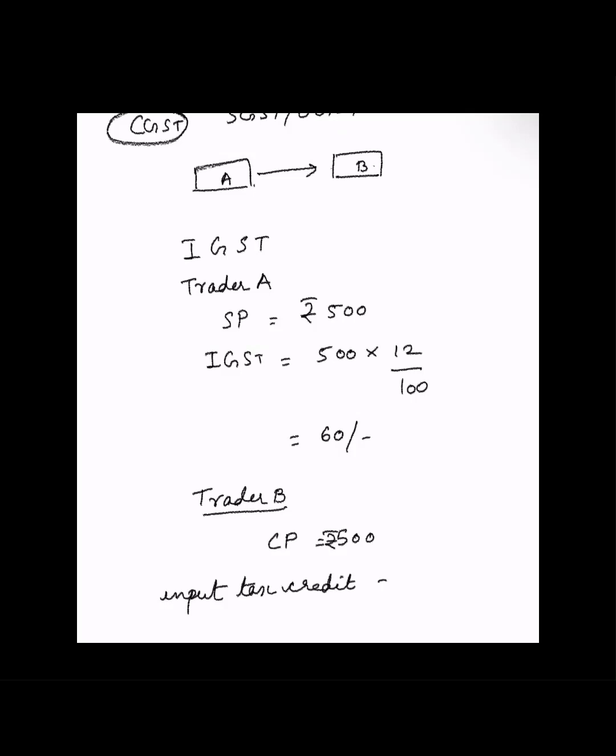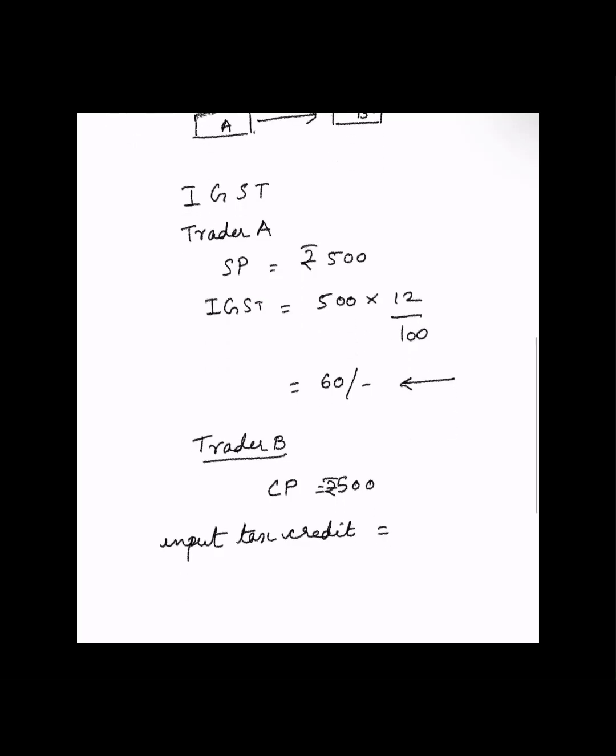How much he paid as tax? 60. 60 is the input. Who is paying tax? The buyer. Buyer is always paying the tax. And here 60 rupees is the input tax credit that trader B is paying to trader A. But eventually trader A has to go and pay it to the income tax department.